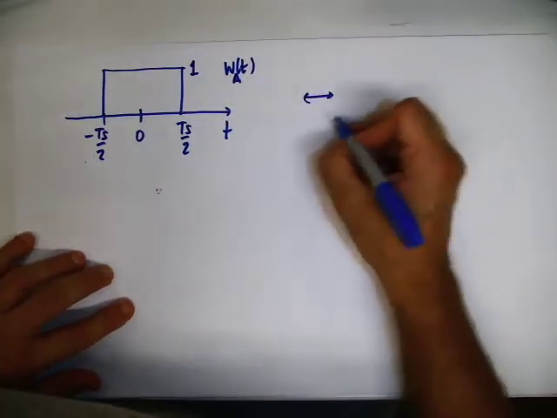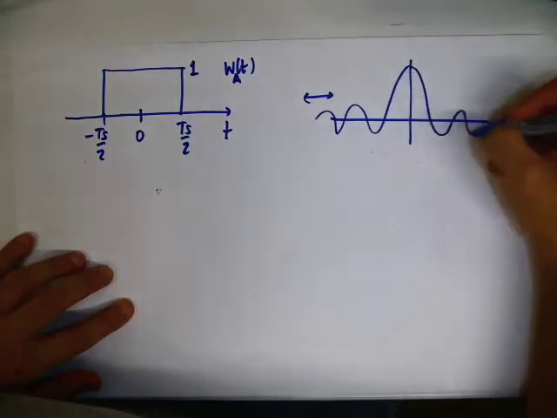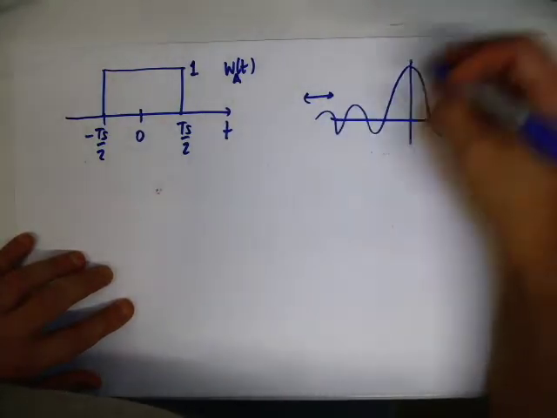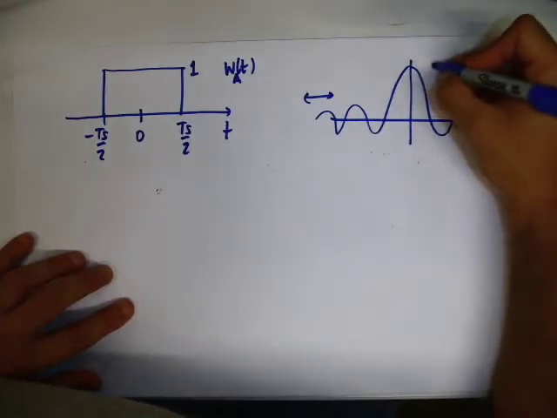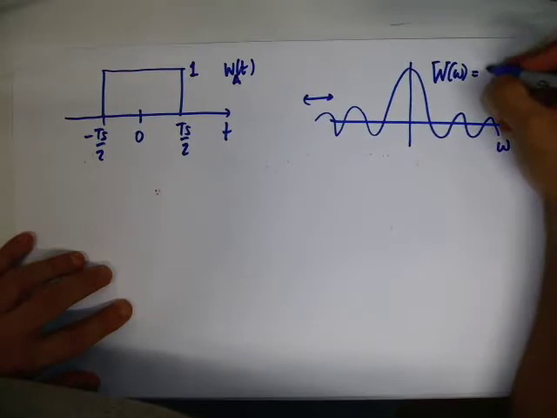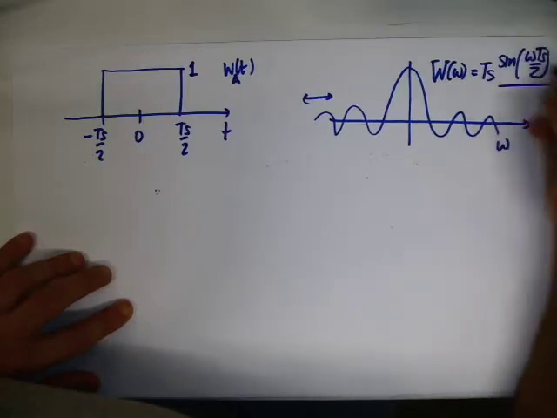And the corresponding Fourier transform, we know that is a sinc function, which is equal to, I'm going to write it down here, W of omega equal Ts sine of omega Ts divided by 2, divided by omega Ts divided by 2.